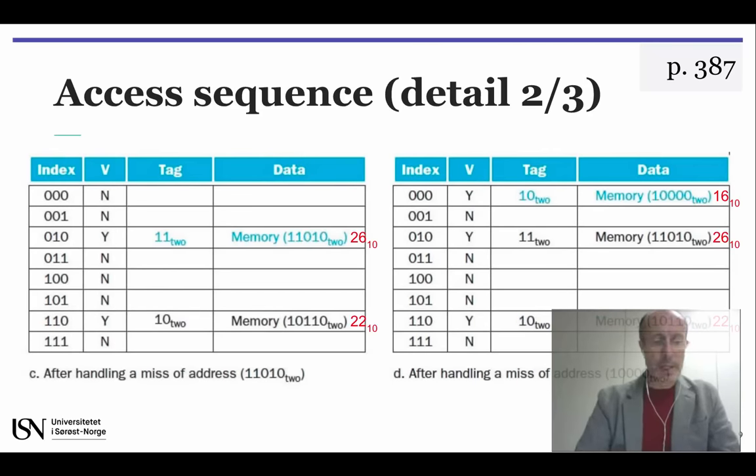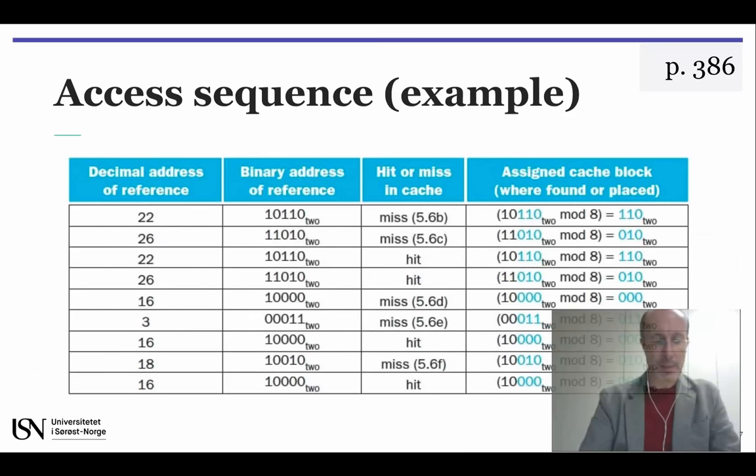Now the second access cycle again results in a miss, since the cache continues to be mostly empty. In this case, if you look again at the table shown in slide number 7, the CPU wants to read from the cache the data item that was originally stored in the main memory position with address 26 decimal.